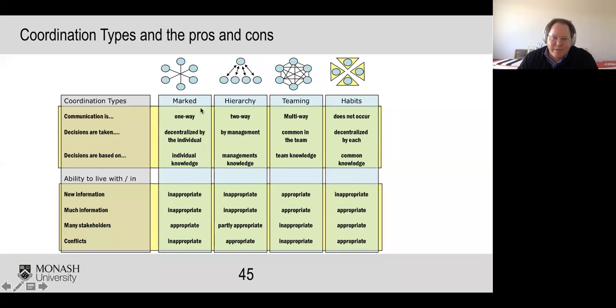But okay, so marked was basically just subject specialists. So you have here a group of experts coming in to convey their expertise and information, and then communication is one way. Decisions are maybe decentralized by the individual, or you provide information to say, from this expertise, this is the best answer.